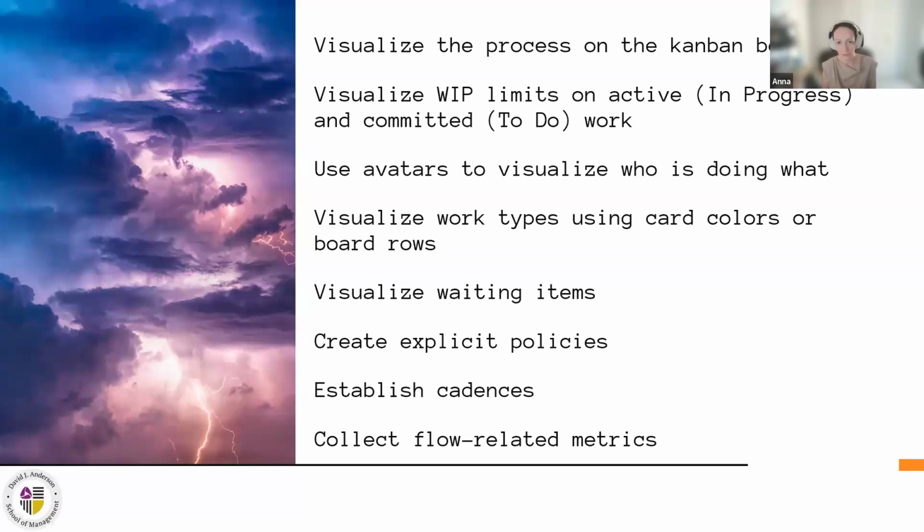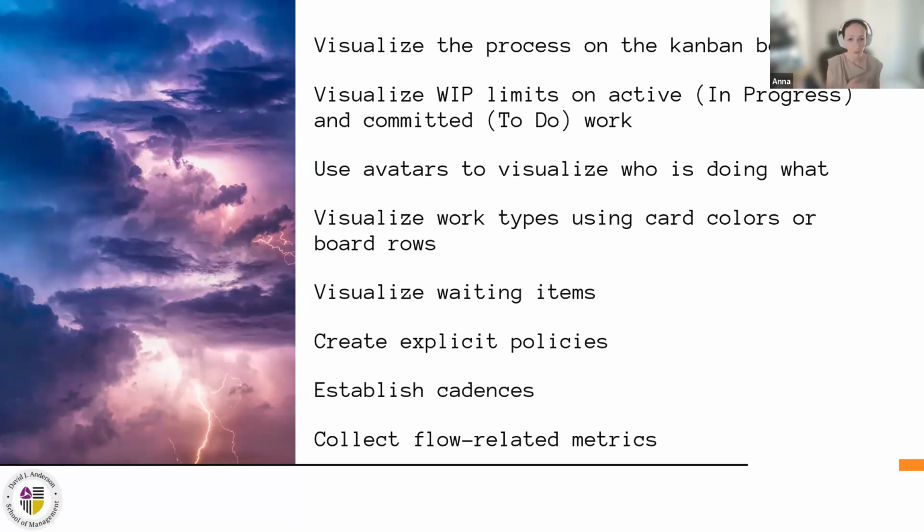Create explicit policies. Define the rules of work, define agreements, define service level agreements. For example, an item is waiting in this column for 1 week, and after 1 week, we should follow up with whoever is responsible to make sure that this work is moving on.